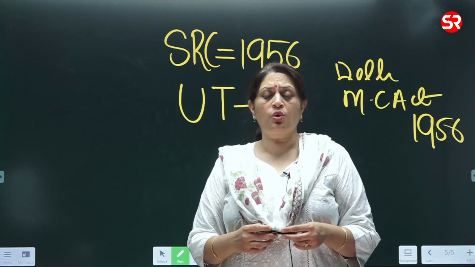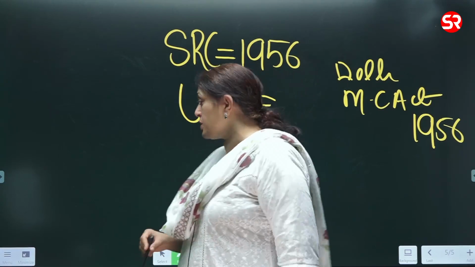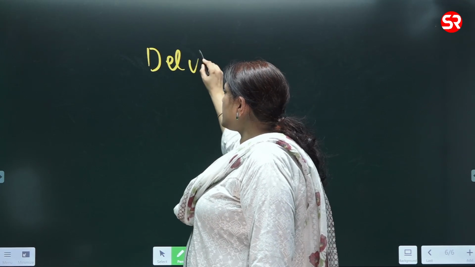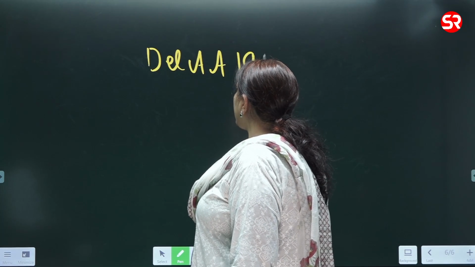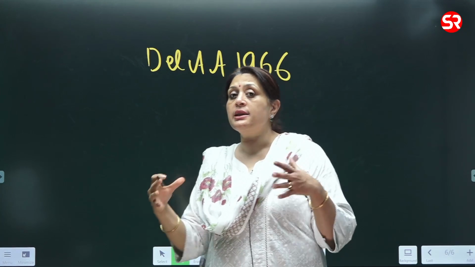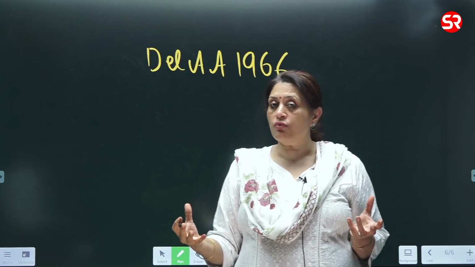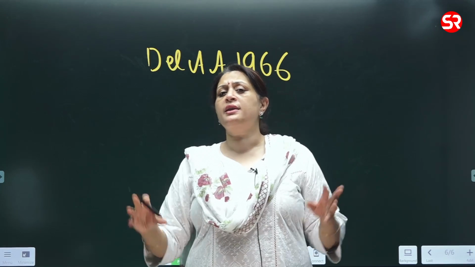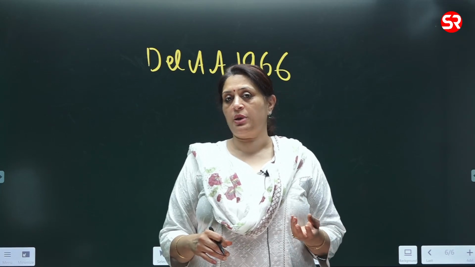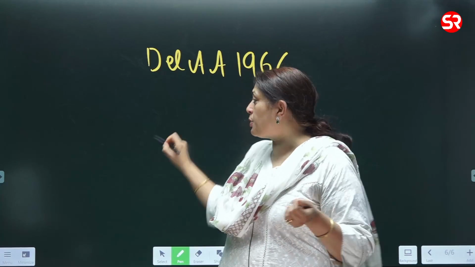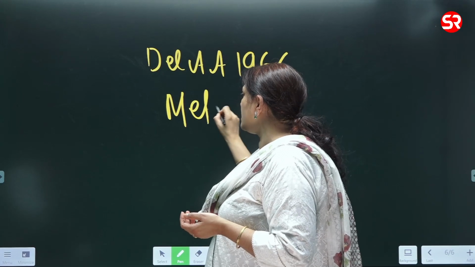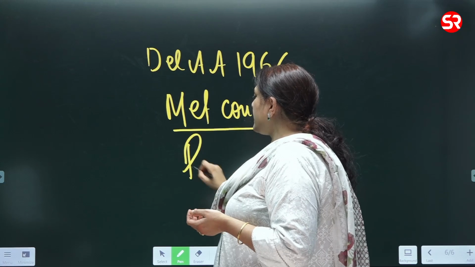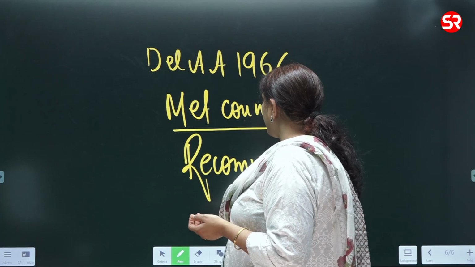But this also failed to satisfy the aspiration, and as a result, the Delhi Administration Act was passed in 1966, which established a metropolitan council with elected and nominated members, some semblance of a council of ministers, but the fundamental problem remained that the metropolitan council was just a recommendatory body.